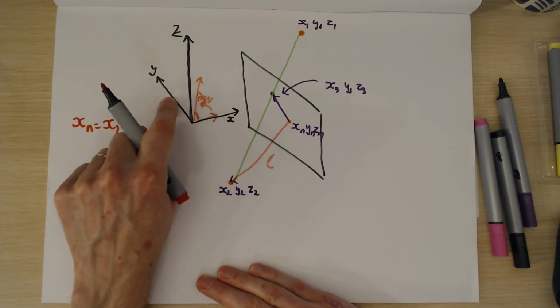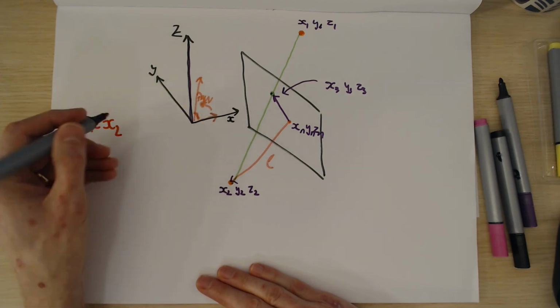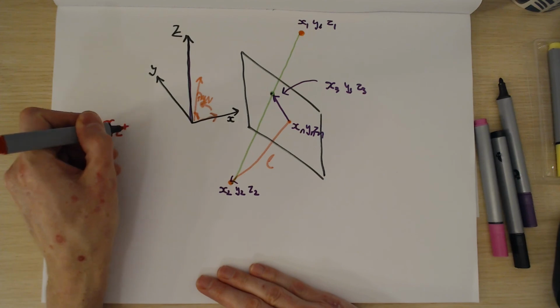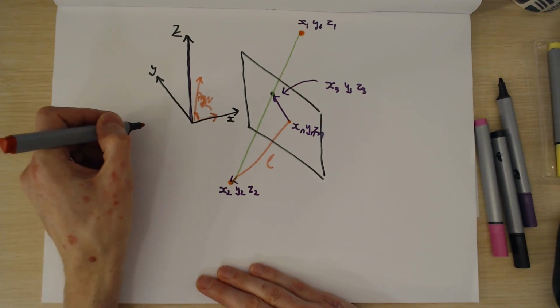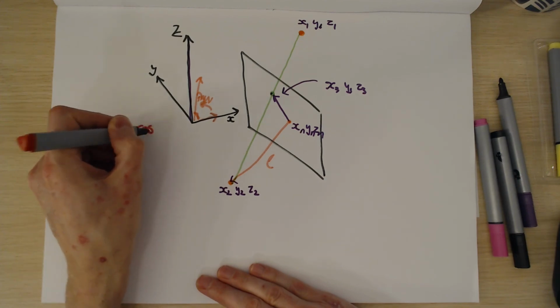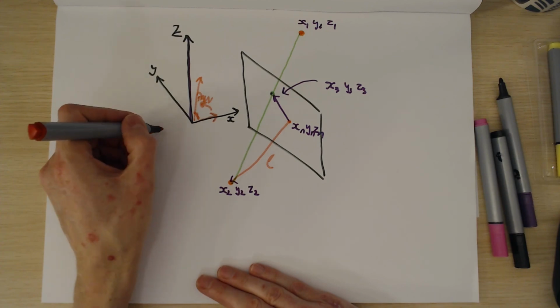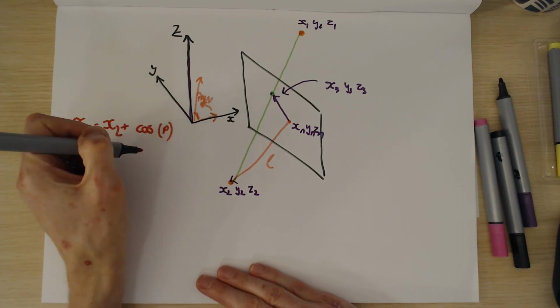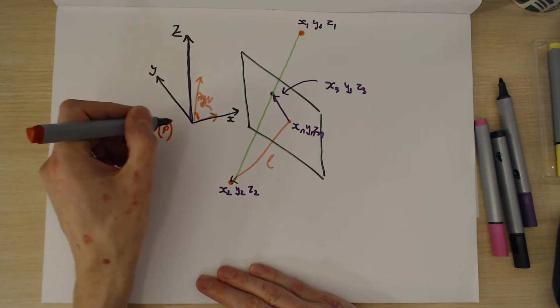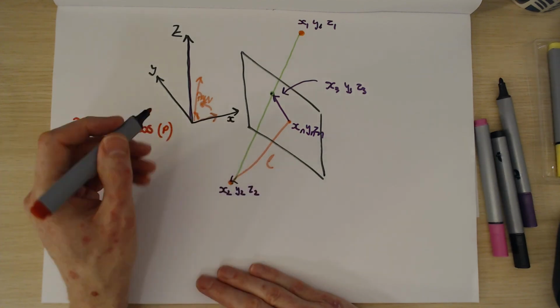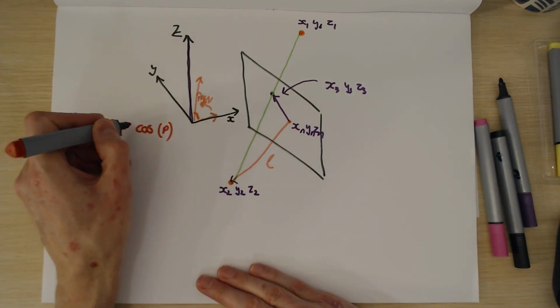If this pan angle is 90 degrees, then it's y. So it's going to be plus cos, and let's call it P for pan. But it's going to be a proportion of L. So we'll put a times L.